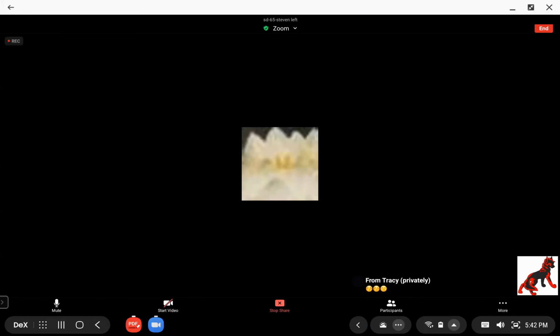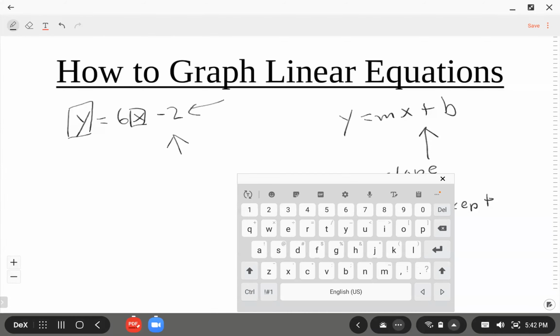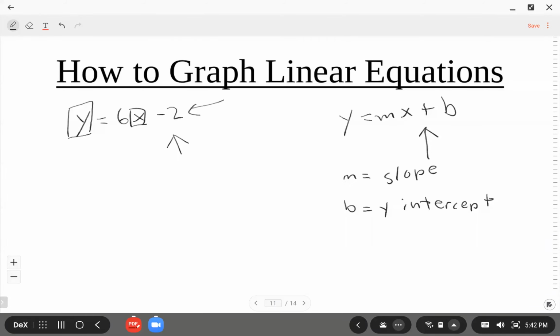So let's move on. Okay, so now moving on to how to actually graph linear equations. So let's just graph Jocelyn's example over here, okay? And, okay, you need to find the slope and the y-intercept. Y-intercept first, okay? So let's find it, okay? This is very easy, right? Because I already gave you what m equals and what b equals, right?